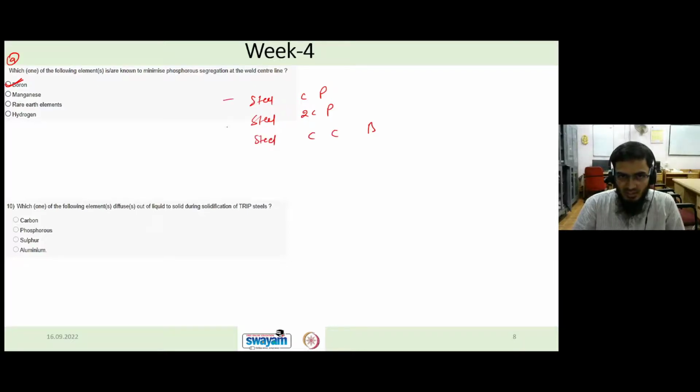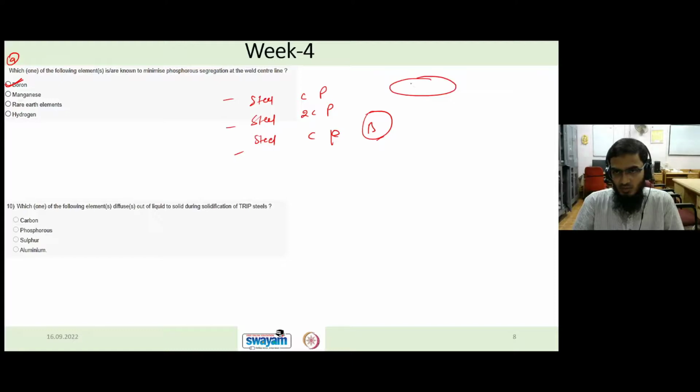These three cases sir has taken, and the observation was that when you add boron, it minimizes the phosphorus segregation at the weld center line.